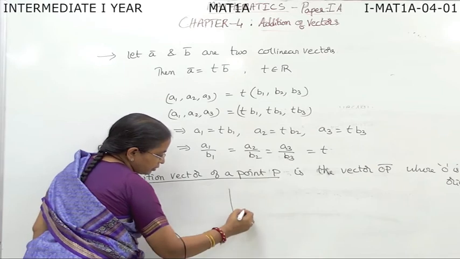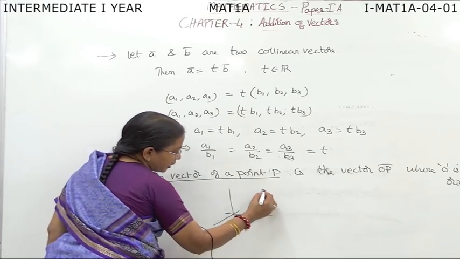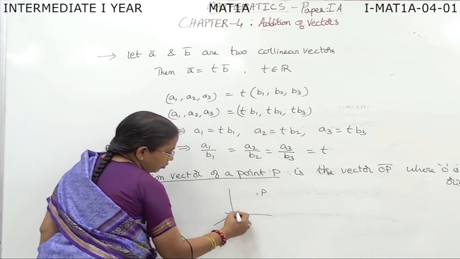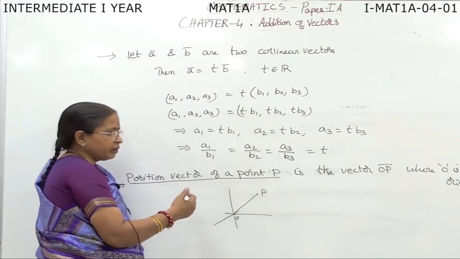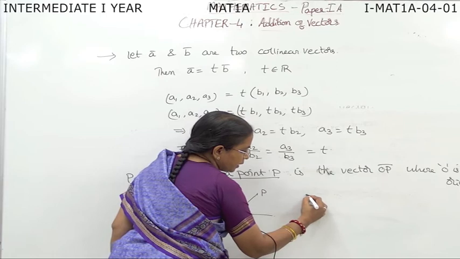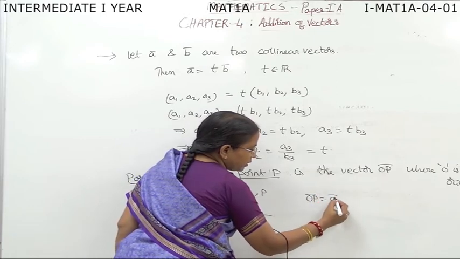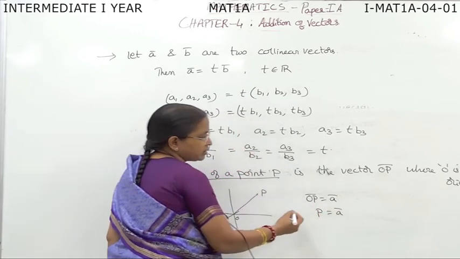Suppose that you have the coordinate plane like this. P is a point, and O is the origin. The OP vector is called the position vector of the point P. So we write OP, suppose OP is equal to A. Then we also write P is equal to A. This is the notation.